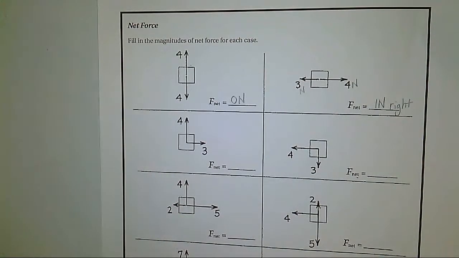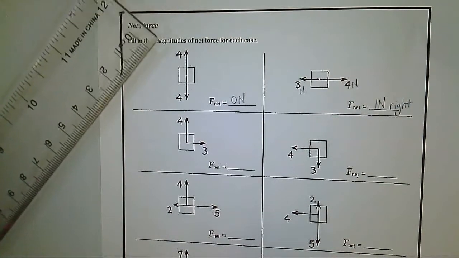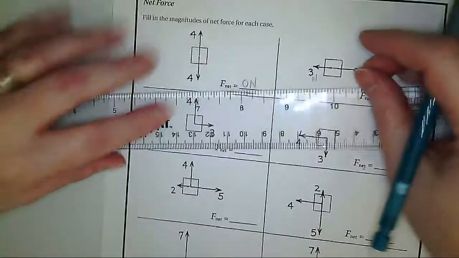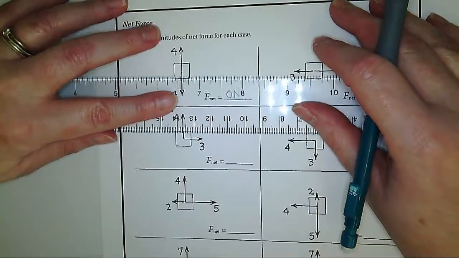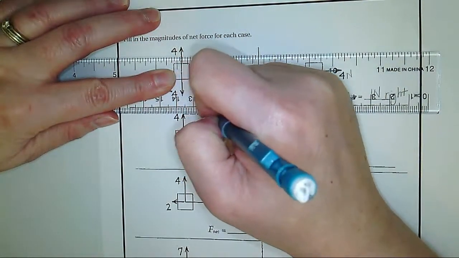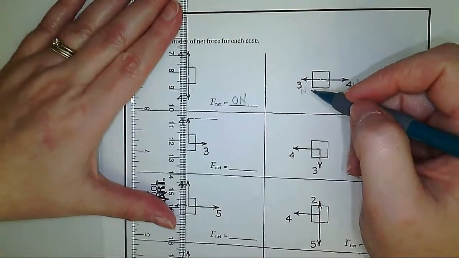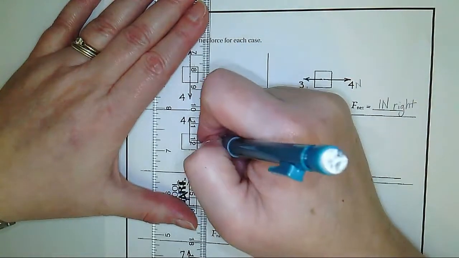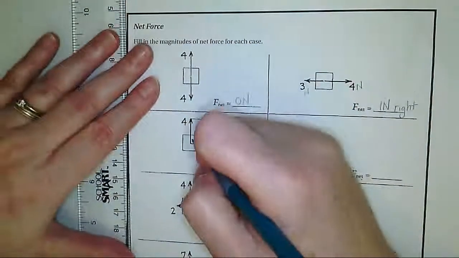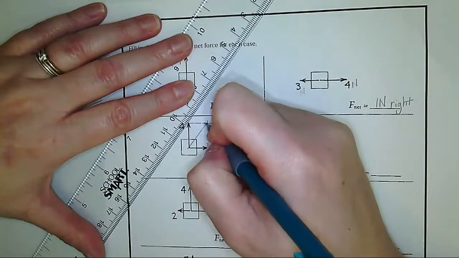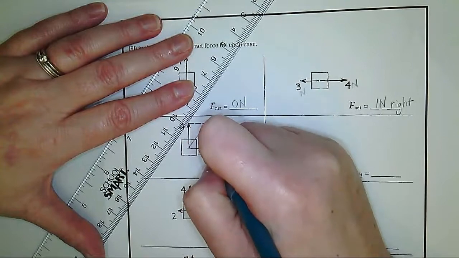Now, this is a special triangle, but we can still do our resultant, right? We would just basically make our parallelogram, and then our resultant is there. So this side is 3, this is 4.